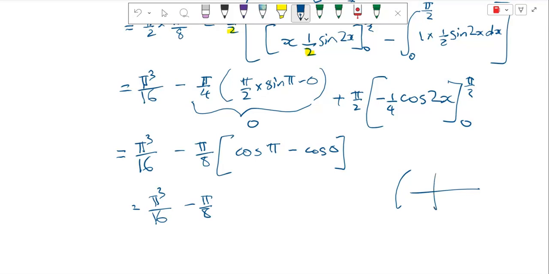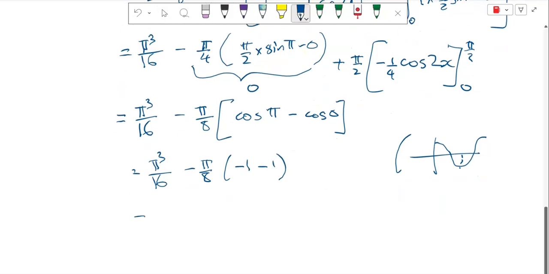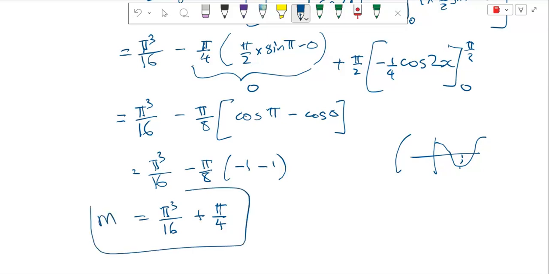There we go. So what's cos of pi? Cos of pi is -1, minus 1. So we get pi cubed on 16 plus 2 pi on 8, which is pi on 4. Right, so all of that work, that was quite a bit of work, and that got me m.